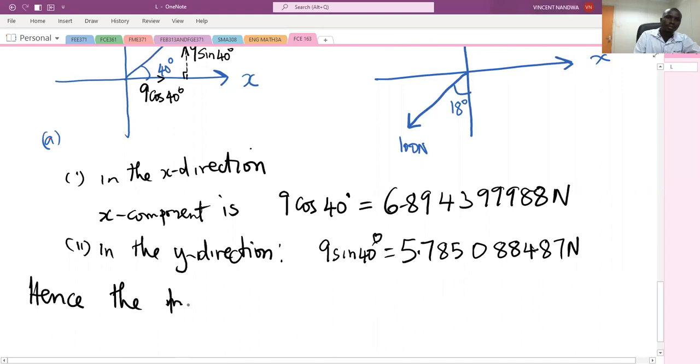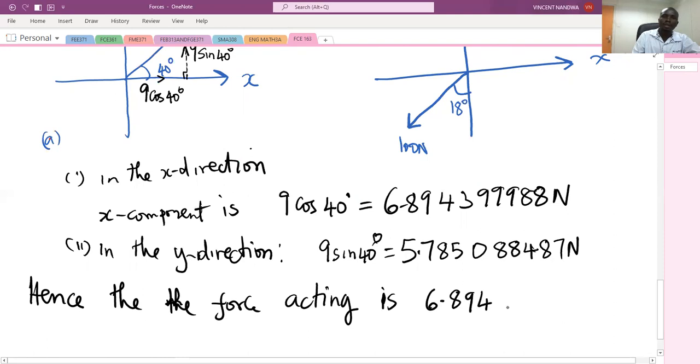Hence the force acting is given by the x component, 6.894 i, plus in the j direction, 5.785 j newtons. So that is the force given in part A.